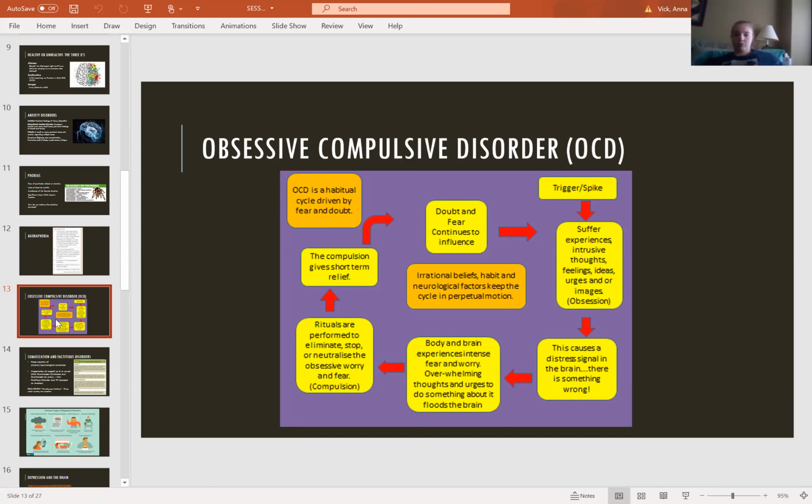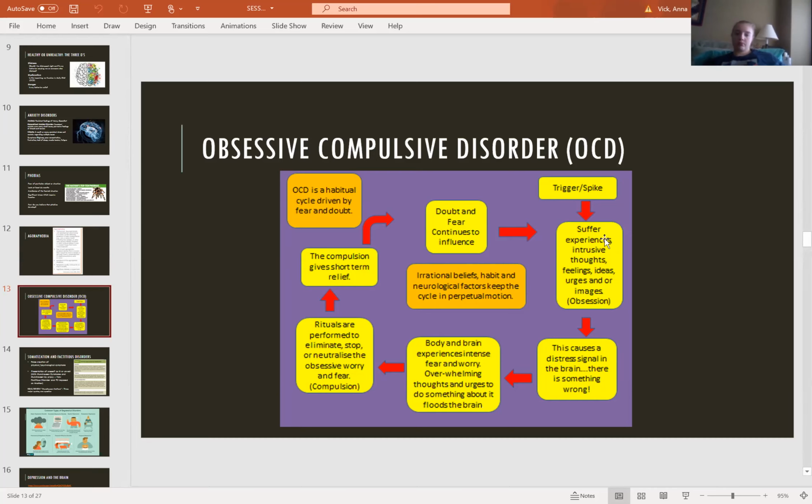So that would be the hand washing. It's what you're doing. The behavior stops or simmers down the obsessive thought for a period of time. For some people, that might be a couple hours. For other people, it might be just a few minutes, but the compulsion shuts up, so to speak, the obsession. So that's why this cycle continues.